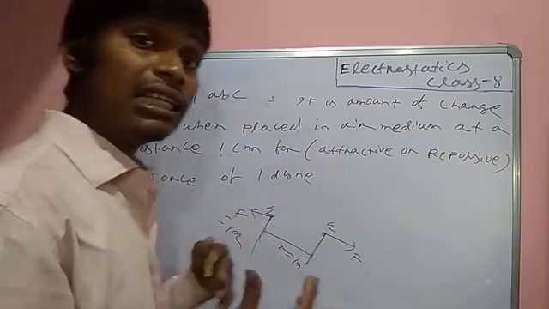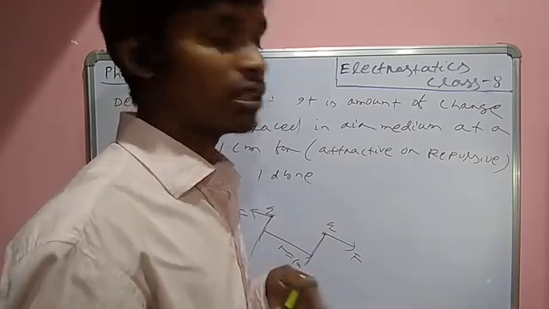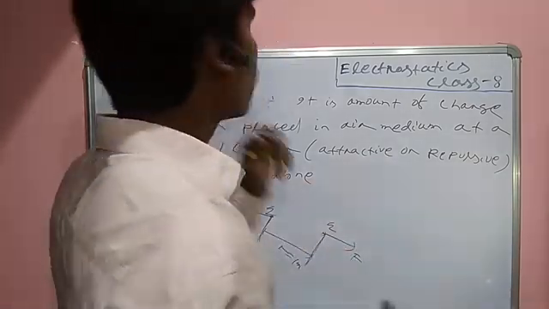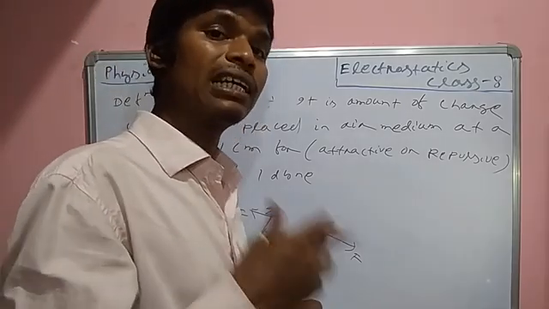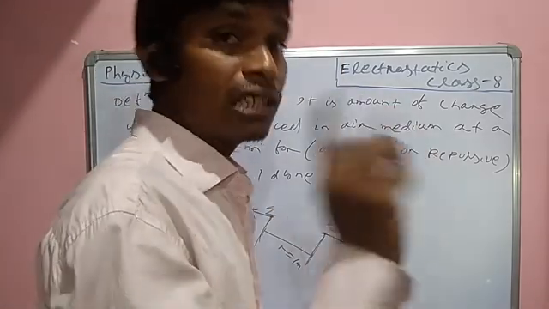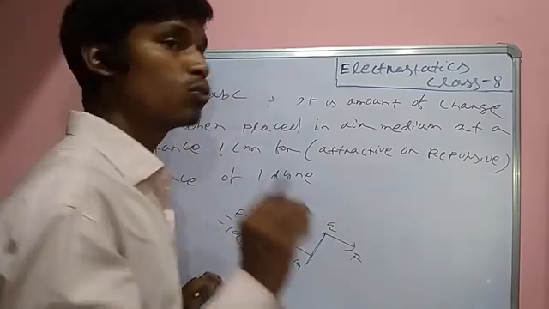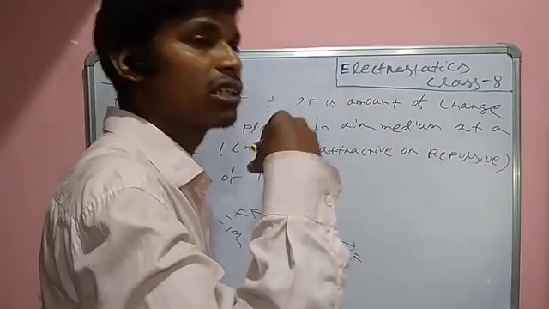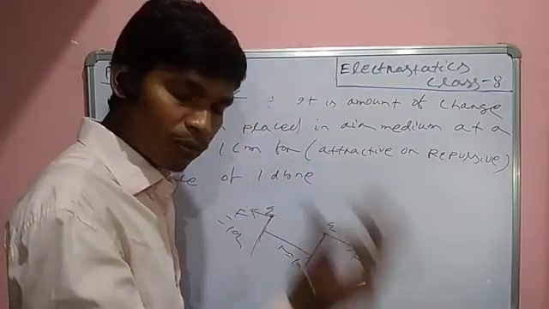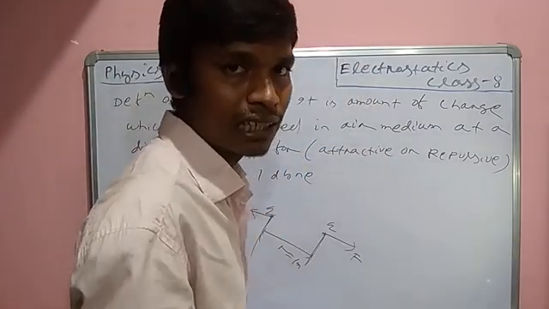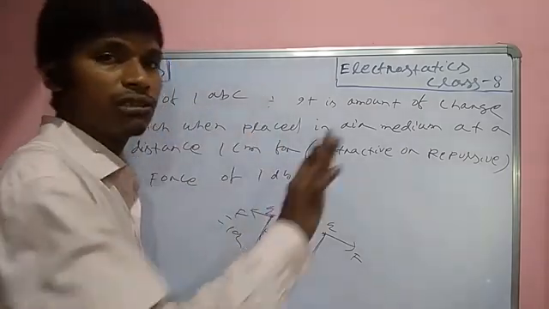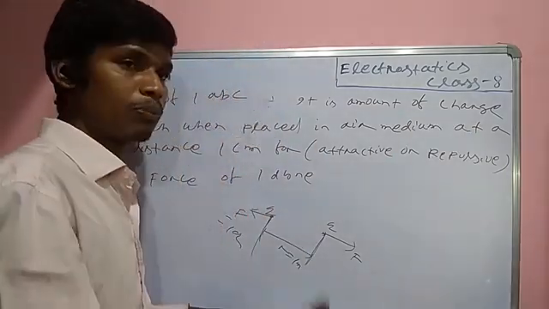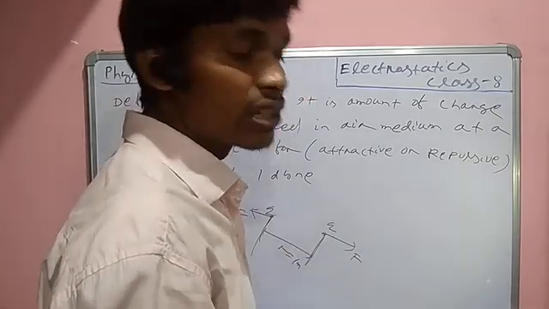It is in EMU, electromagnetic unit. 1 statcoulomb is in electrostatic unit, 1 abcoulomb is in electromagnetic unit. In the CGS system, two units are available. Yes or no? Then afterwards we will study the SI system.